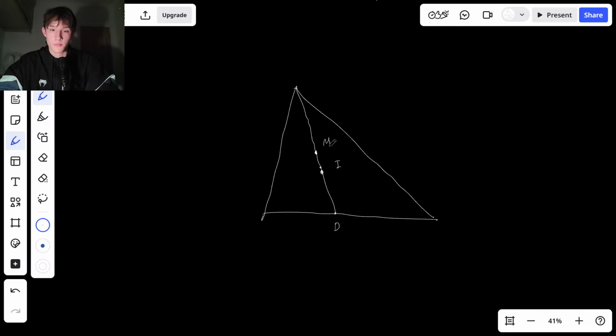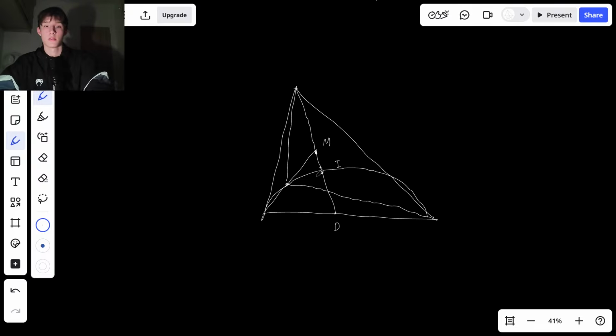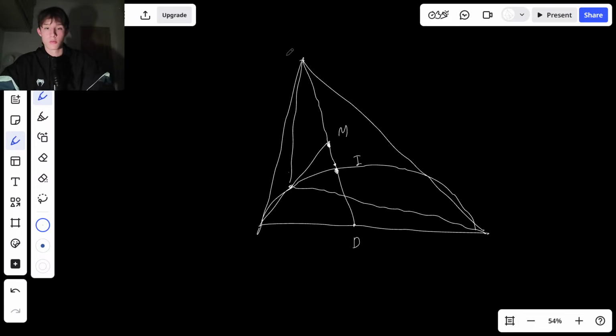That is midpoint M. Here we have points such that these four are cyclic, and we want to chase this angle over here. I'll just correct it a bit. Okay, and we want to show that this is 90. So let's think about what are things that we don't like about this. We don't like obviously point M, and we don't like point F, so we don't like absolutely everything. It's just the annoying part.